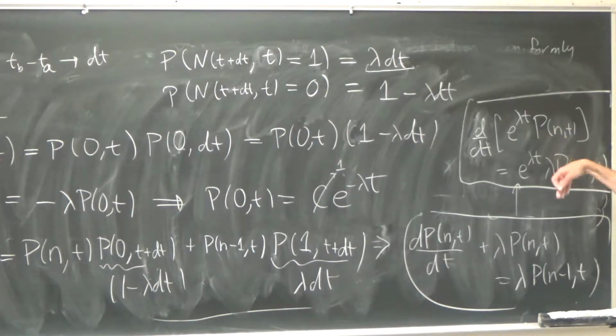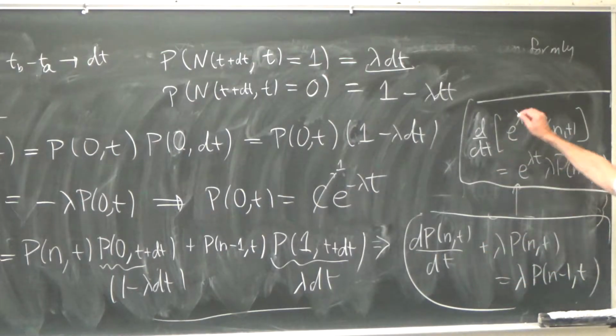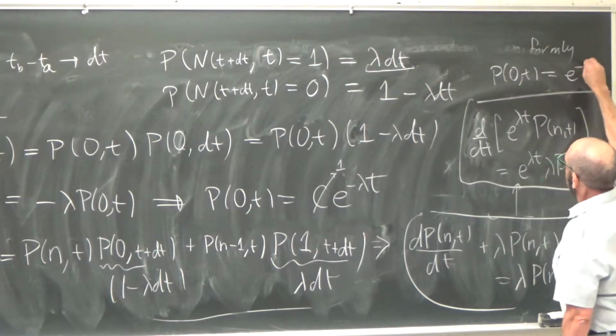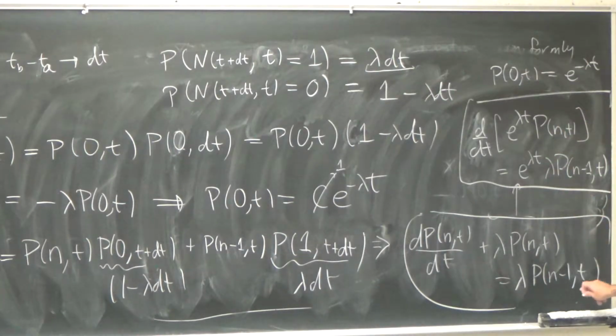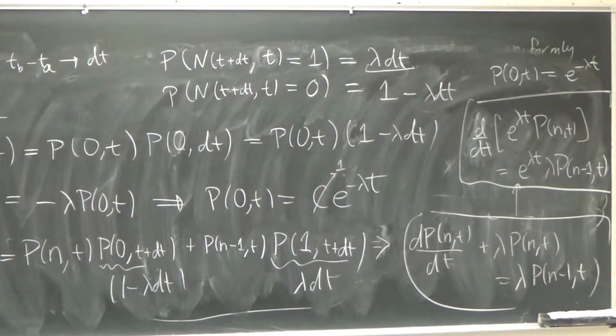Now I can iterate. We have the probability of seeing 0, which we said was e to the minus lambda t. I plug that in, then I can solve for the probability to see exactly one count. And I iterate that over and over again. And the final result is the Poisson distribution.